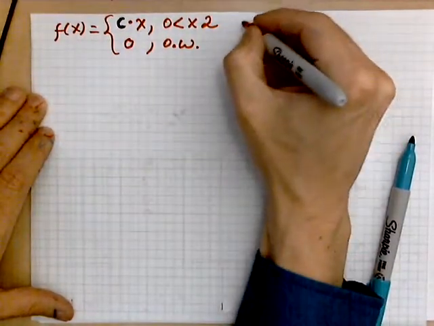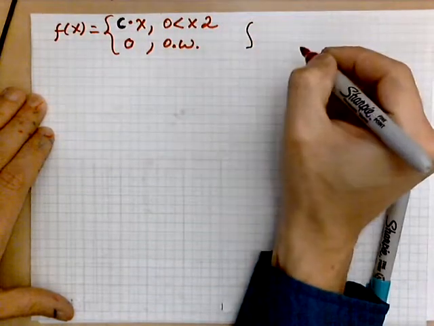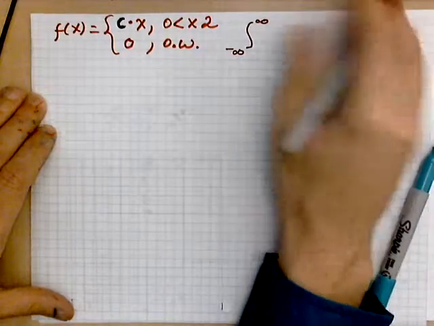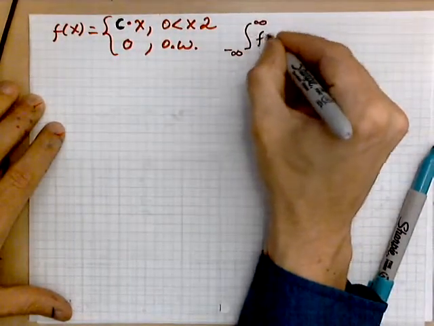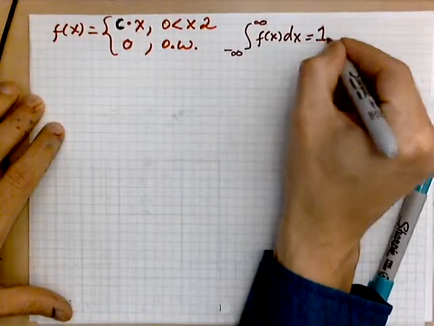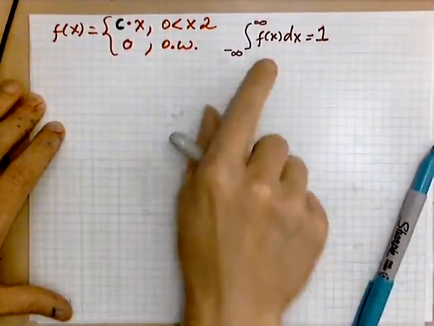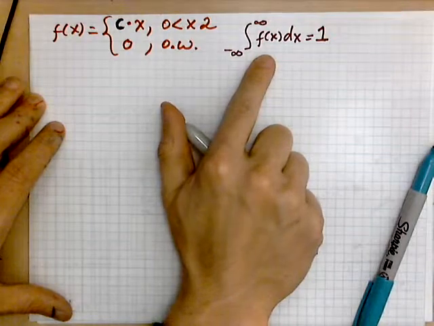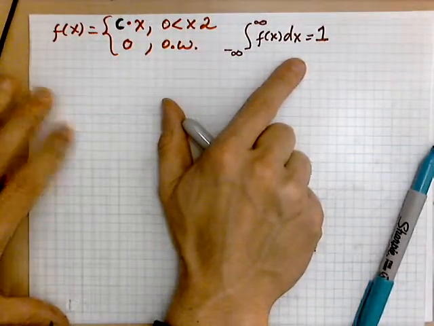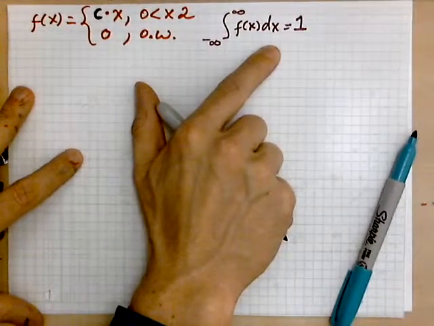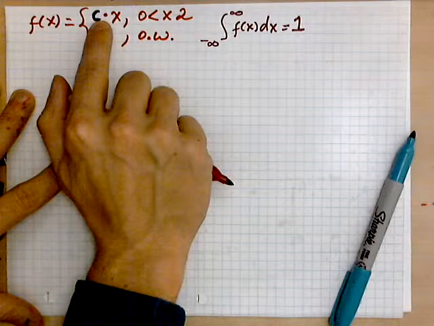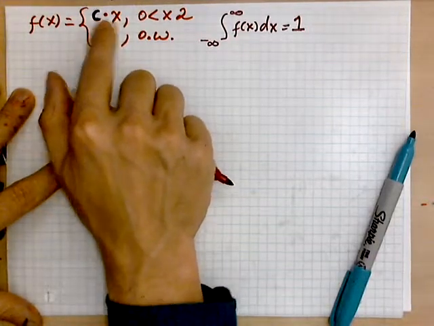So in symbols, what we have is the integral from negative infinity to positive infinity of f of x dx equals 1. Okay? So the area under the curve, that's what these symbols indicate, is equal to 1. And the way to ensure that this is so is to actually take your c and find it. We'll solve an equation that will give us c.